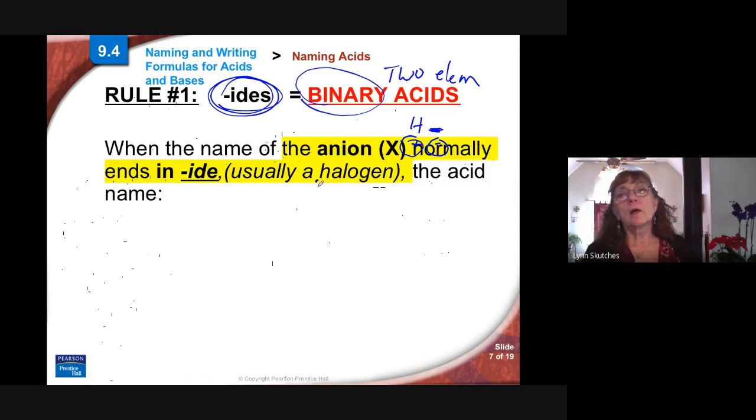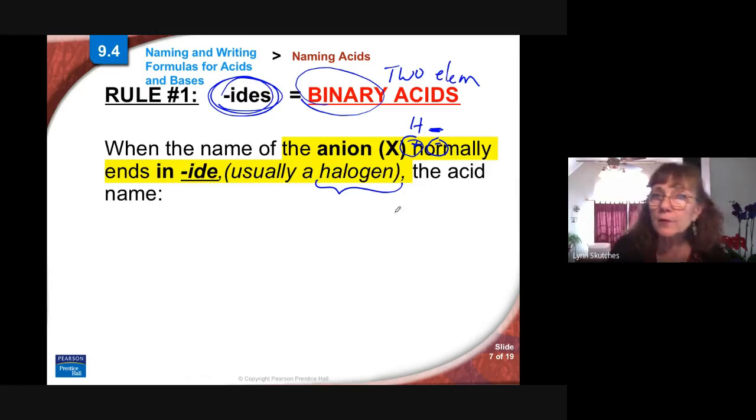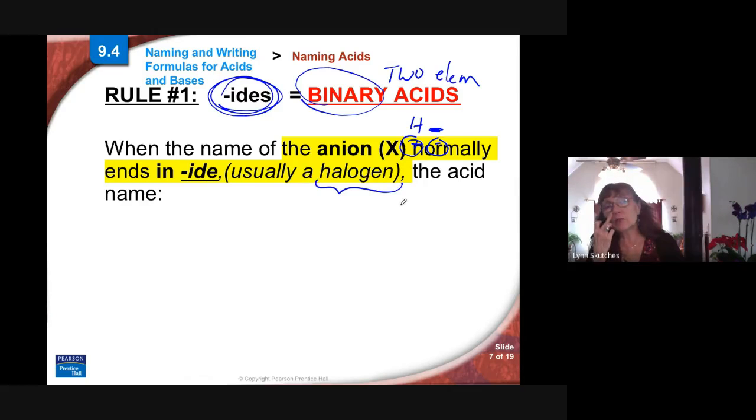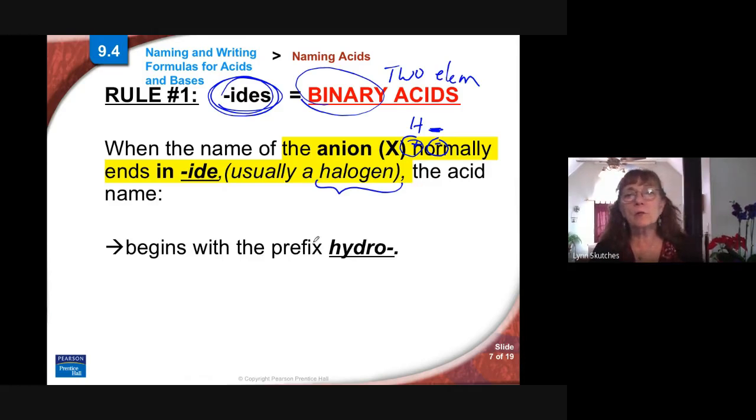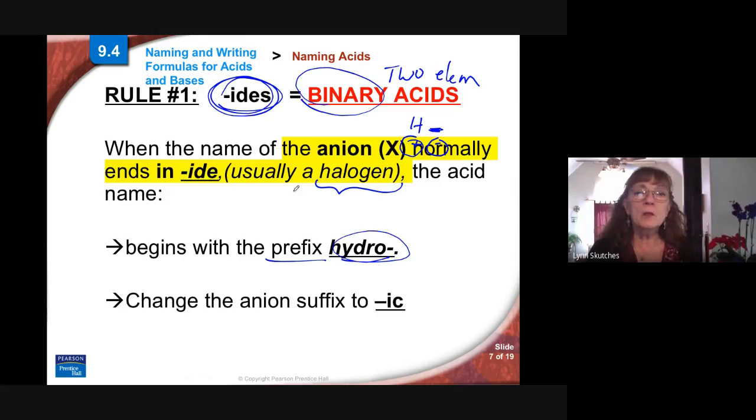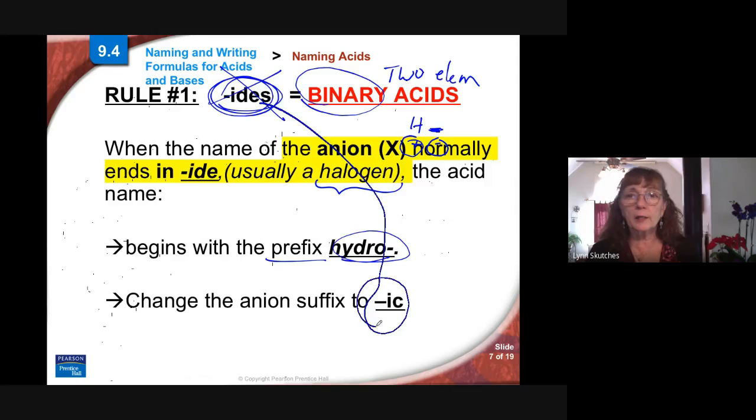For acids, this is normally going to be a halogen. Not always, but almost always. And so when you name the acid, you throw on a prefix of hydro. You change ide to ic. And in between our sandwich here, you use the stem. So part of the name of the anion, or the halogen, for example.